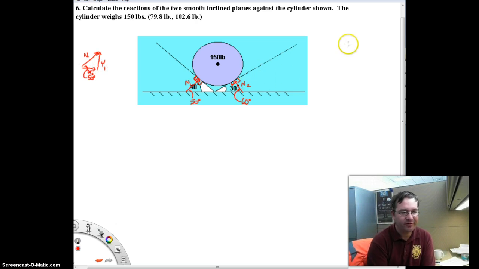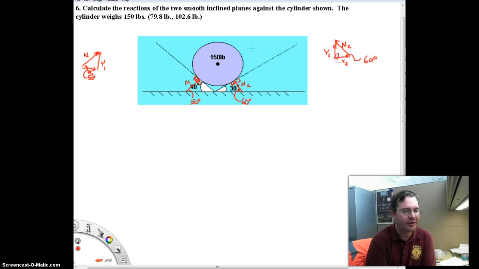And the vector on this side pushes up and to the left. It has a magnitude of N2. It's got an upward component that I'm going to call y2, and a leftward component that I'm going to call x2. And again, this included angle we've already determined is 60 degrees.